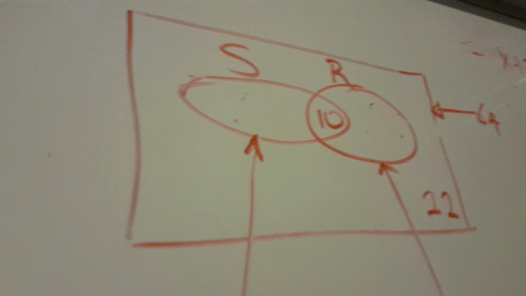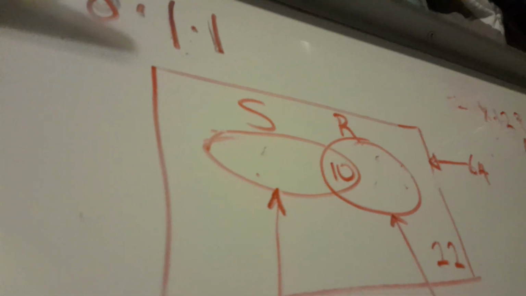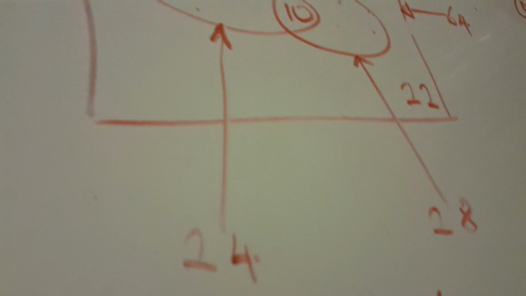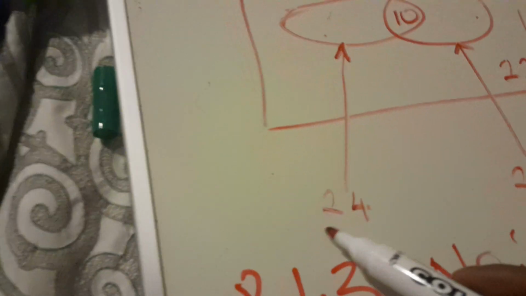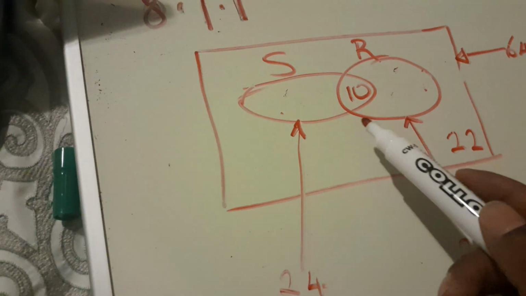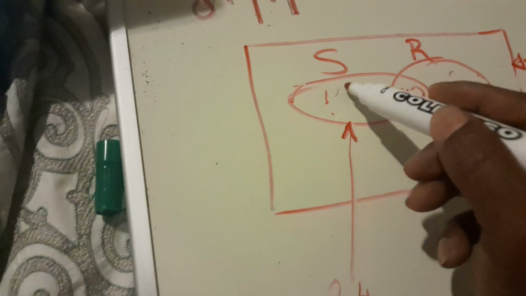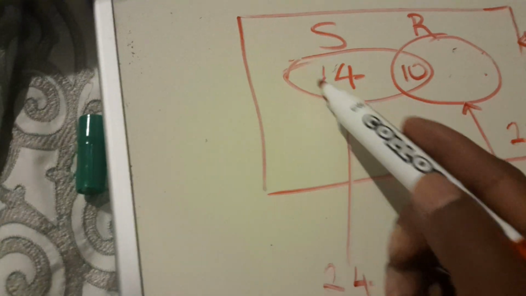Let's fill in the missing numbers there. If you have 24 who are playing soccer and 10 play both, then the remaining 14 out of the 24 play soccer only.